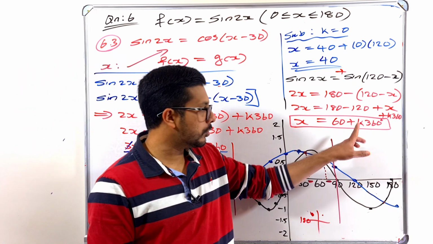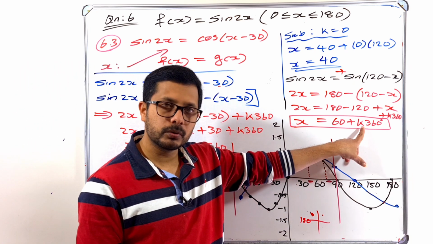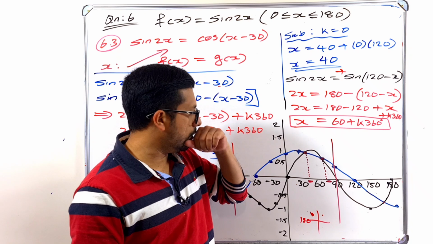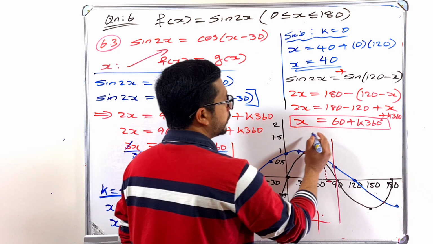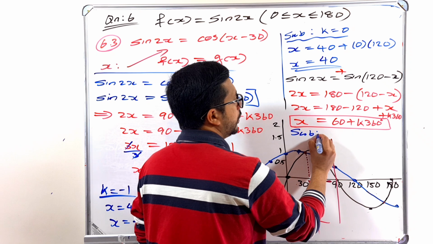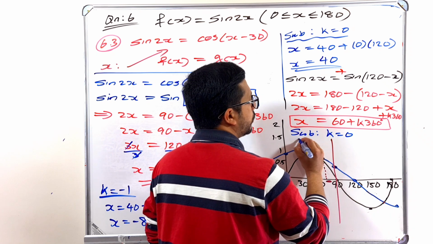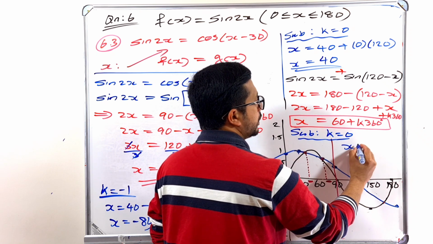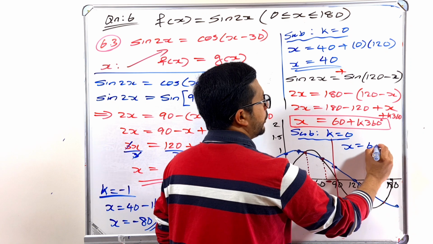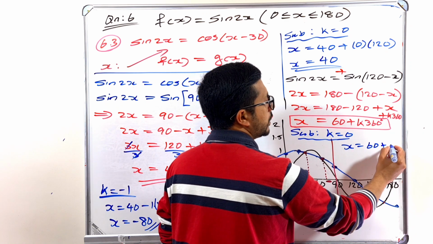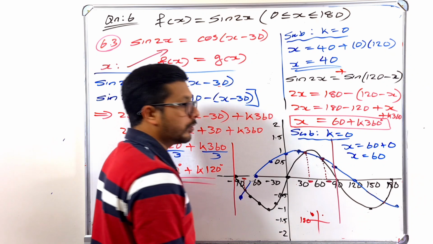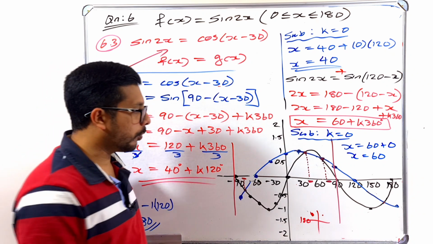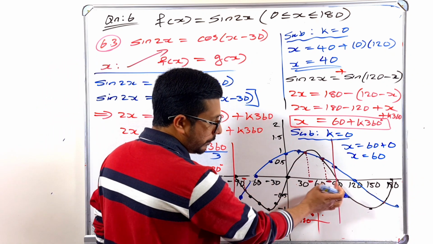So if I substitute the value k as 0, what is this one? When k is equal to 0, then what is the answer? x is equal to 60 plus 0 into 360, that is 0. So x is equal to 60. So it means that this point is not between 60 and 90.